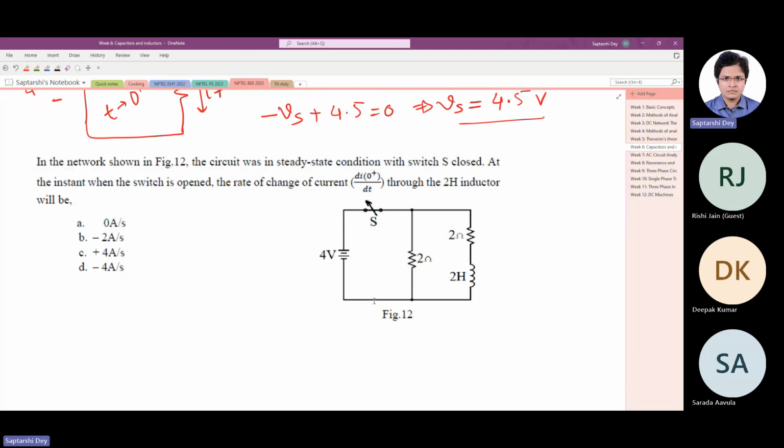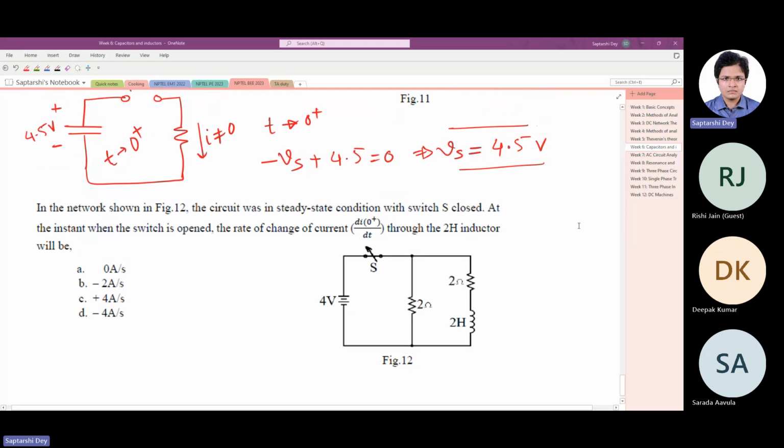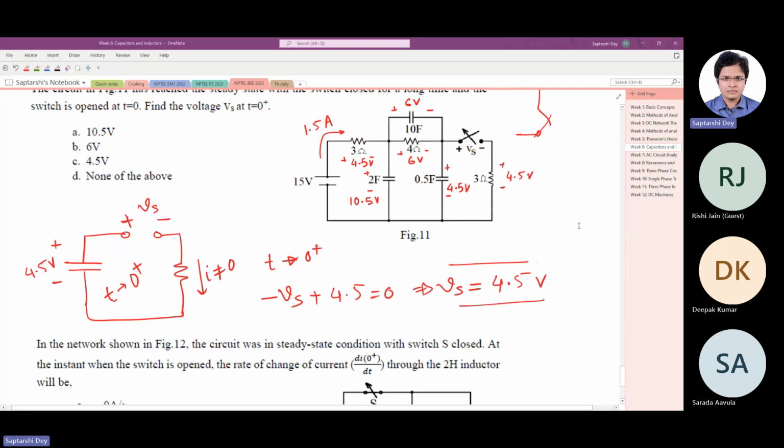In the network, okay, someone replied, said there will not be any drop across the 3 ohm resistance. No, how can there be? We turned on the switch, no? We turned on the switch. If you turn on the switch, there is a voltage given by V equals IR.